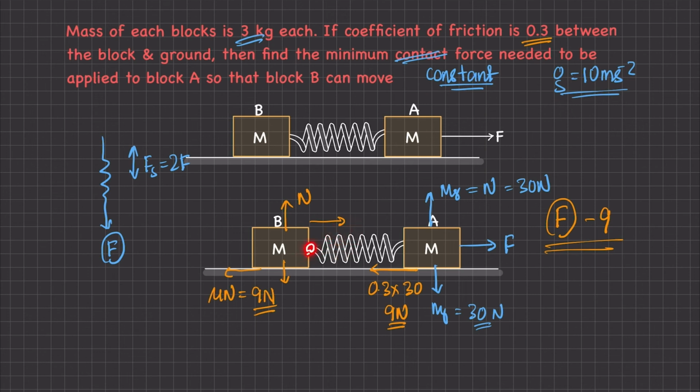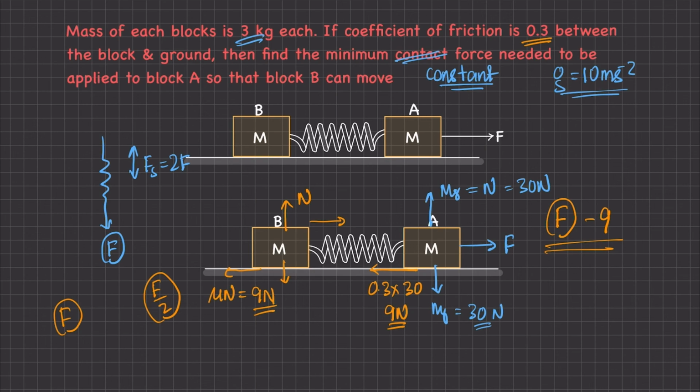So the spring force developed must be 9 Newton. Then think, to develop a spring force of, let's say, a value F, what is the minimum external force needed? Minimum external force needed is F by 2, right?